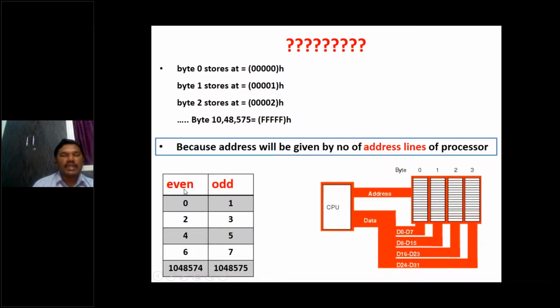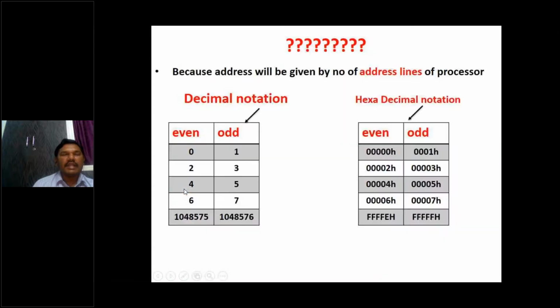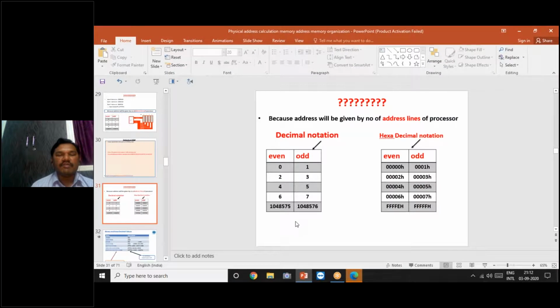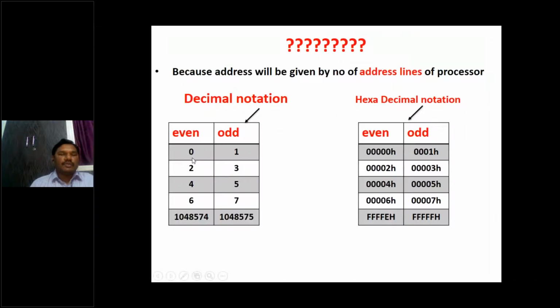Okay, so here we are writing decimal notation and hexadecimal notation. See here, even values and odd values: 0, 2, 4, 6, 8 are all called even values, so these are the even memory addresses, and these are the odd value addresses in decimal notation.